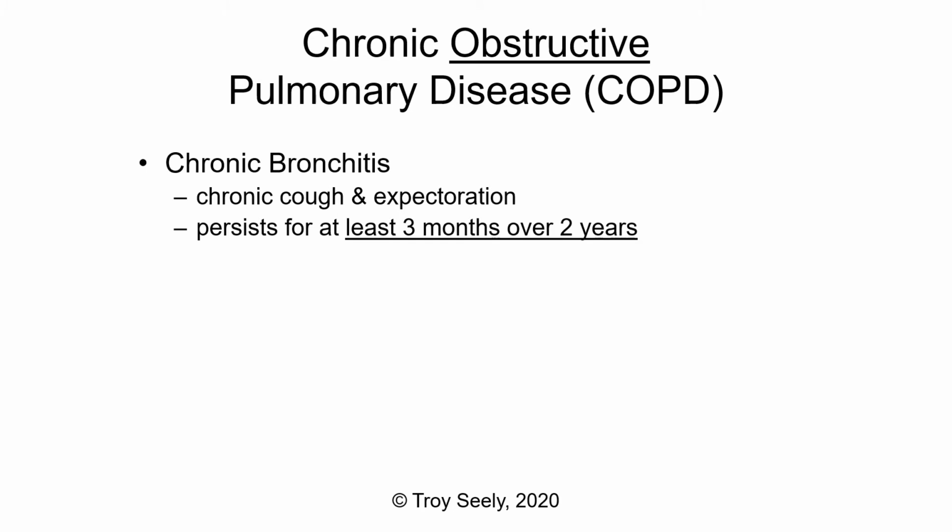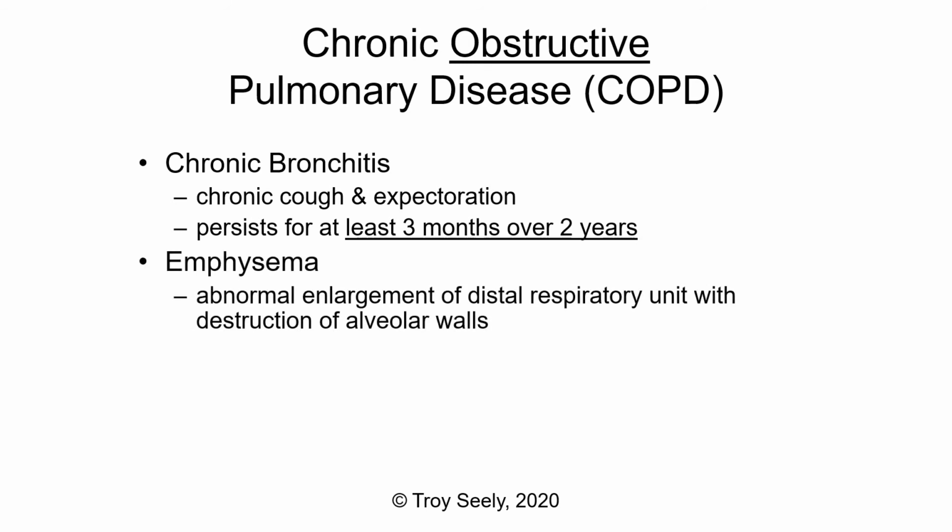Chronic bronchitis is one of them, and that's where you have the presentation of a chronic cough and expectoration, which persists for at least 3 months over 2 years. Expectoration would be you're bringing up mucus or some other form of quote-unquote gunk that the patient will say they have to clear out of their lungs. And it does persist for a decent amount of time, at least 3 months over the course of 2 years.